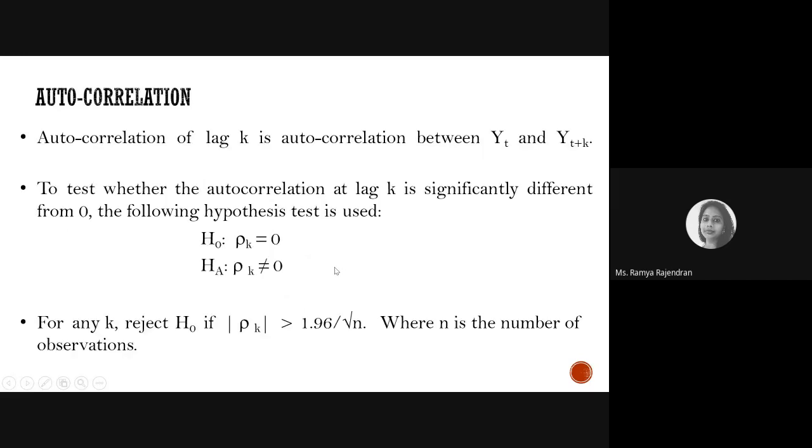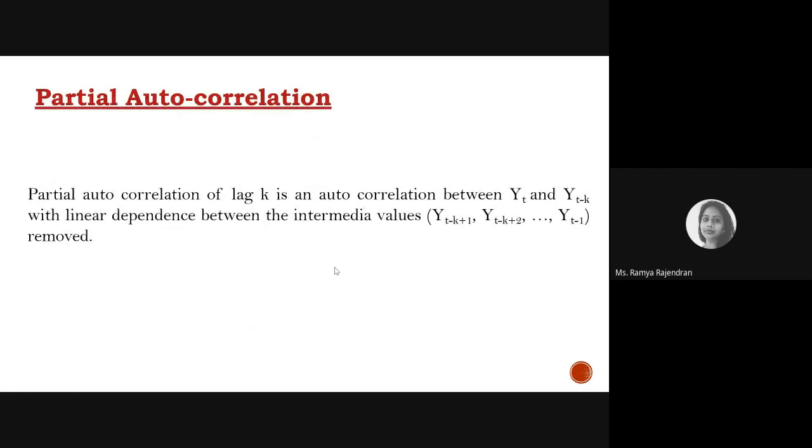Here we don't rely on the intermediate values. For example, when finding the autocorrelation of Monday's breakfast demand, you use only the two Monday data. You are not relying on any other day's data.